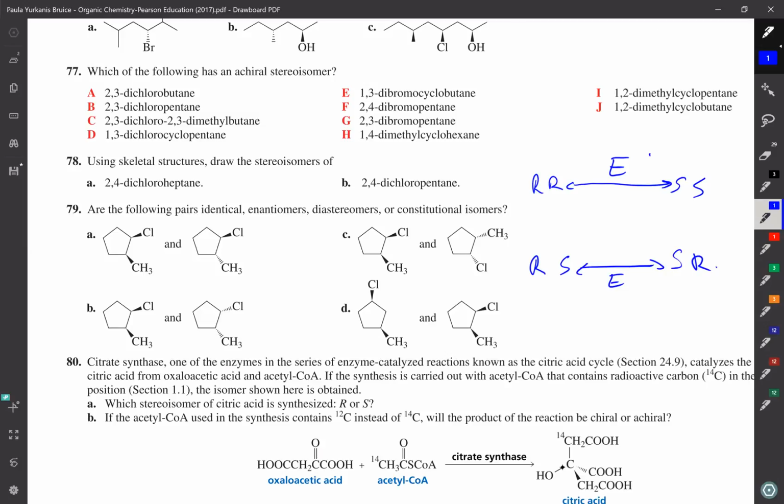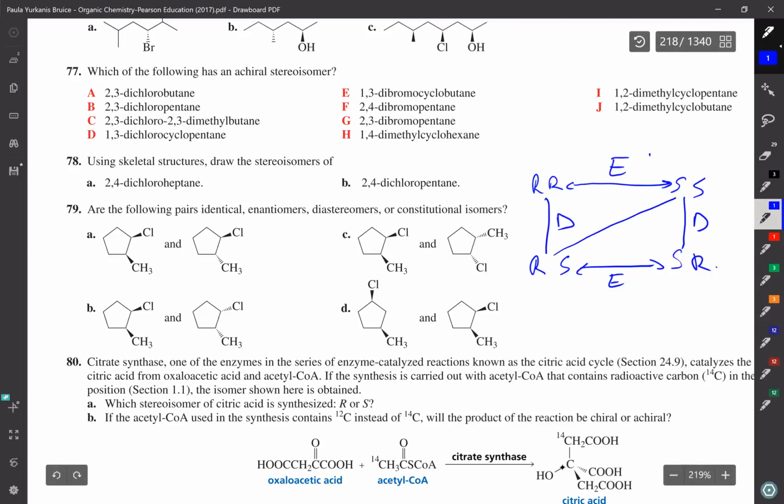Does that make sense? Now, if one is RR and the other one is RS, then we'll refer to them as diastereomers. If one is SS and one is SR, it will be referred to as a diastereomer. And the same is true with this one.